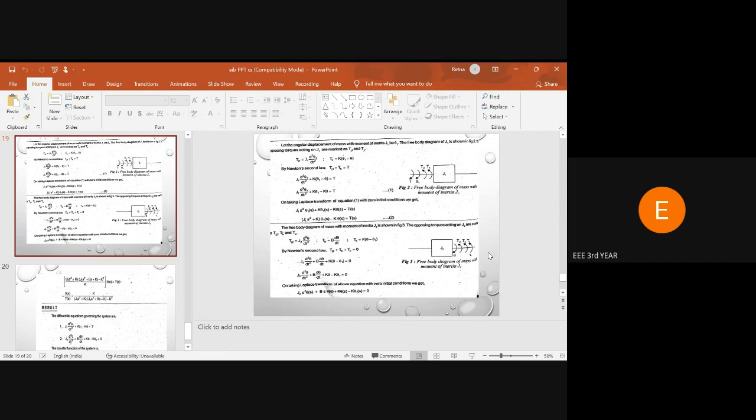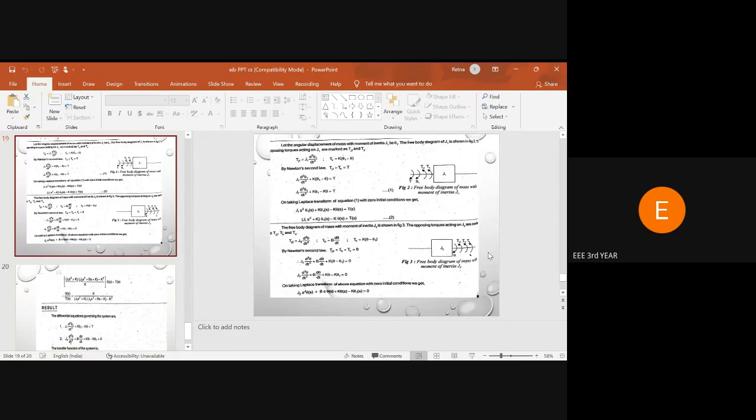Next, note the second moment of inertia J2. In this moment of inertia, there is no applied torque, so applied torque equals 0. By Newton's second law, applied torque equals opposing torque. In this moment of inertia, there are three opposing torques: Tj2, Tb, and Tk.